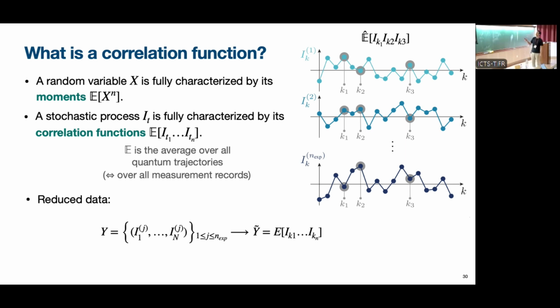This is an example of what you would do experimentally. Say you have this trajectory, your data points are here. The 3-point correlation function between bins K1, K2, K3 is like you multiply these 3 data points, you multiply these 3 data points, you multiply these 3, and you take the average. And this is your experimental data, your estimate of the correlation functions.